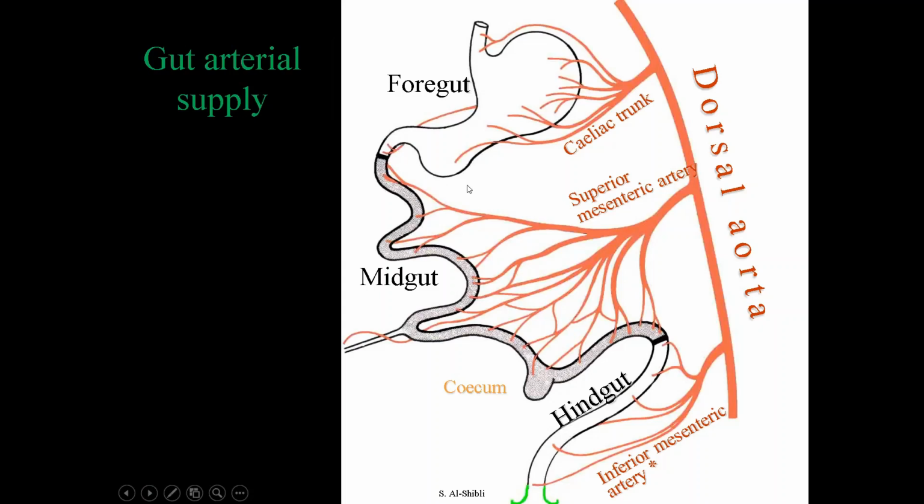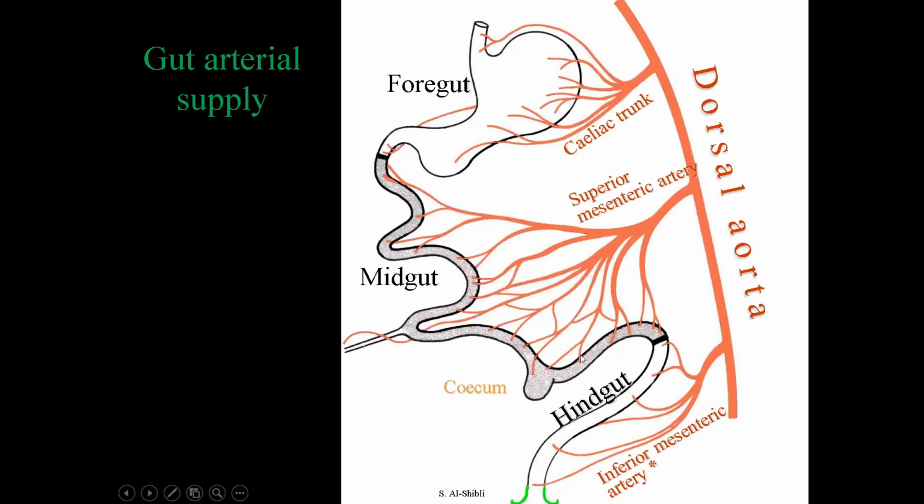Foregut and midgut. So it comes from dual origin. The upper part is coming from the foregut and the lower part from the midgut. So definitely it may take its blood supply from two sources, that means the celiac trunk and the superior mesenteric artery. Why? Because it's a mixture of foregut and midgut.